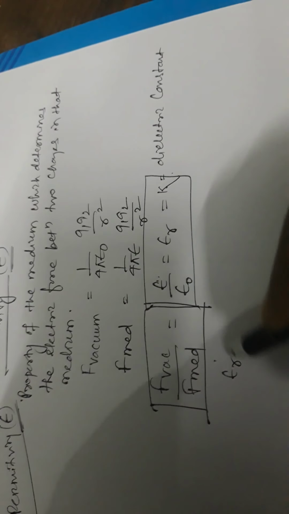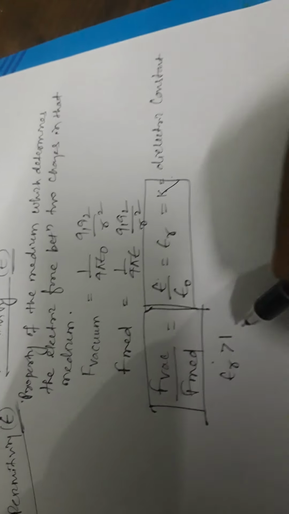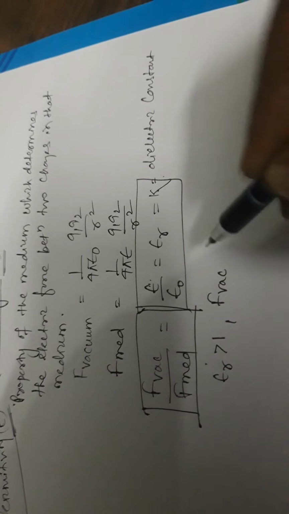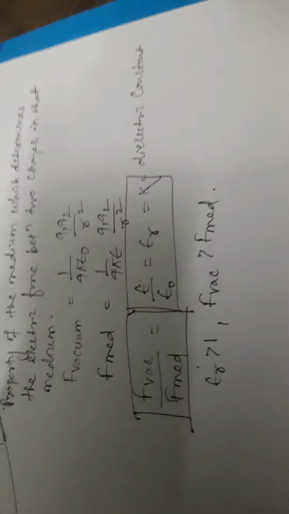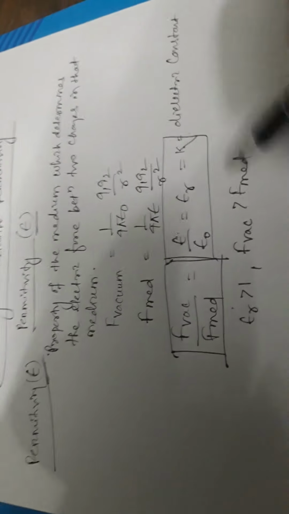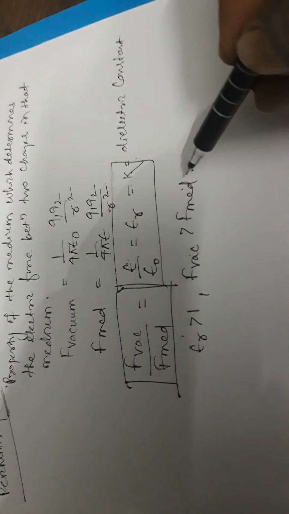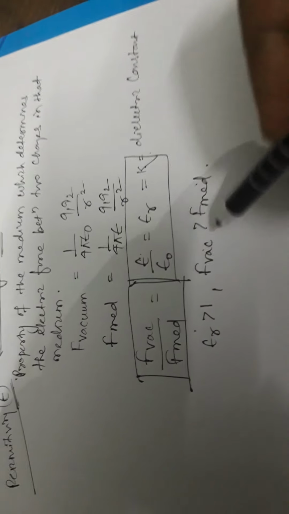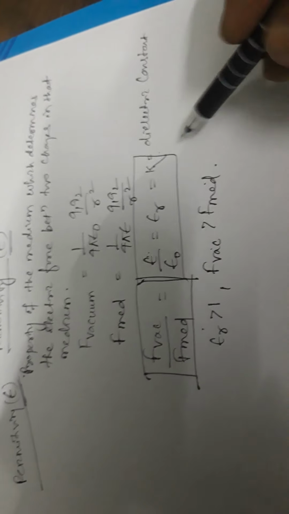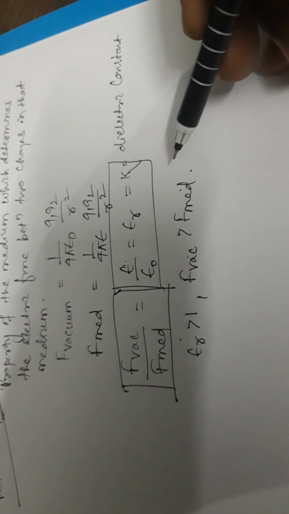Now as you know, epsilon r is always greater than 1, so force in vacuum is always greater than force in medium. For example, suppose you have two charges and they are shifted from vacuum to a medium, then definitely the force will decrease by epsilon r times, or you can say K times.